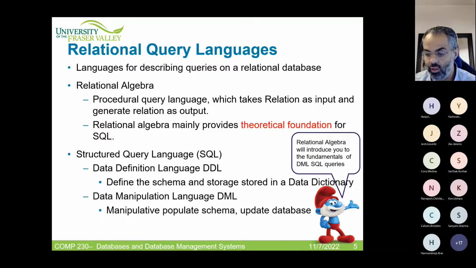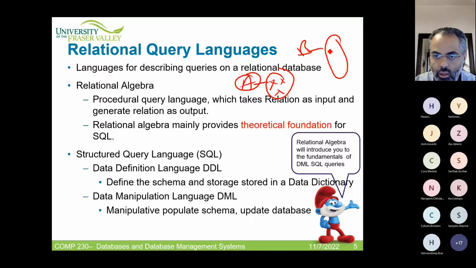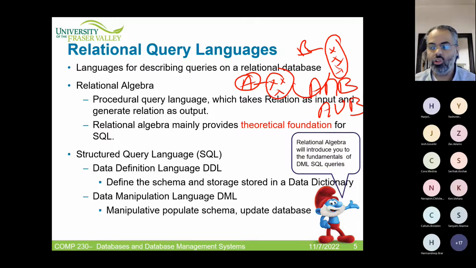And also in algebra there is something about relations. If you remember, you have a set A with elements, and a set B with elements, and then you make some operation like A intersection B, A union B. So relational algebra doesn't work with variables, it works with relations.